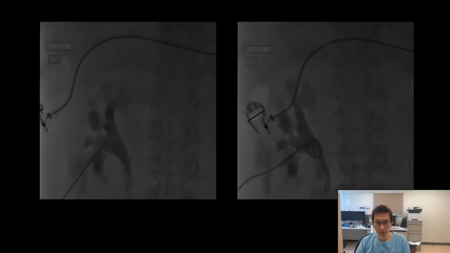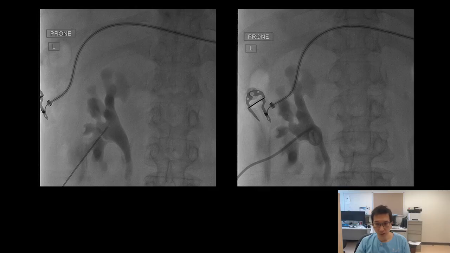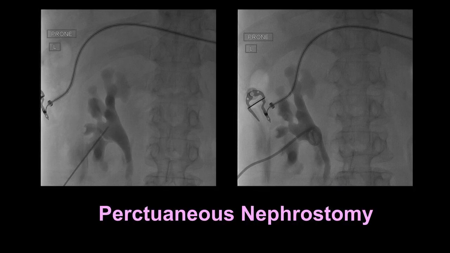Moving on then to other forms of radiology which are important in terms of treatment. Here we have a percutaneous nephrostomy, and so screening with radiographs to guide treatment and also to guide drainage is extremely important in terms of modern intensive care management of sepsis.